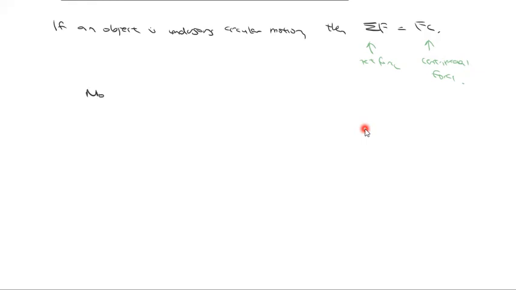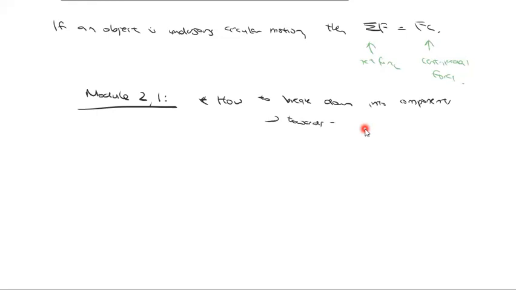Now, what you do need to know from module 2 and module 1 is how to break down into components. We might do an example question, hopefully. It will probably still be horizontal or vertical, but whenever you're breaking down into components, one will always be towards the center, and the other will be perpendicular to that, so probably tangential. Very commonly that's also done in terms of horizontal and vertical.